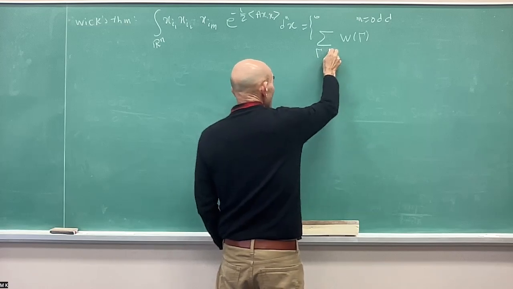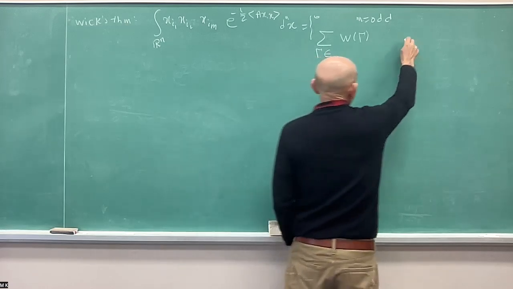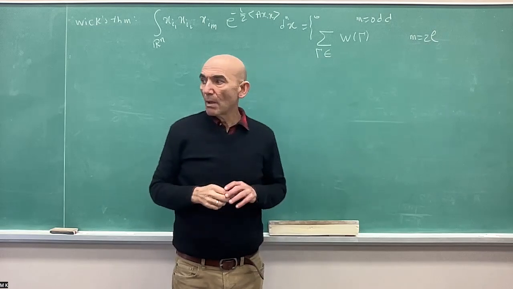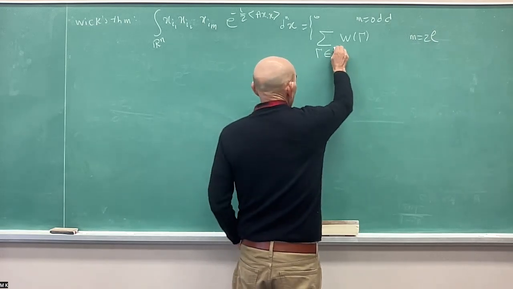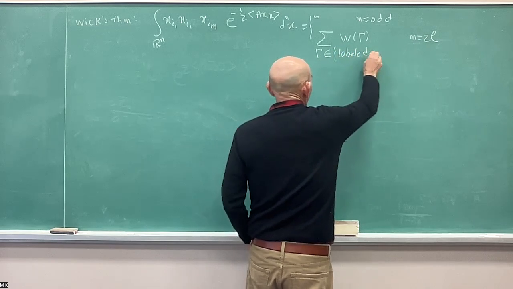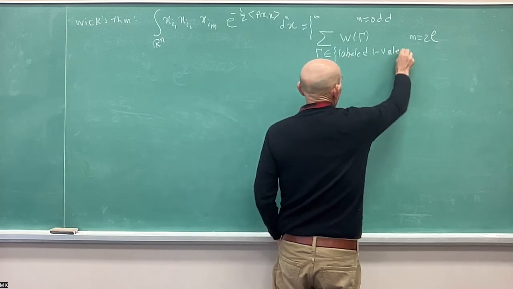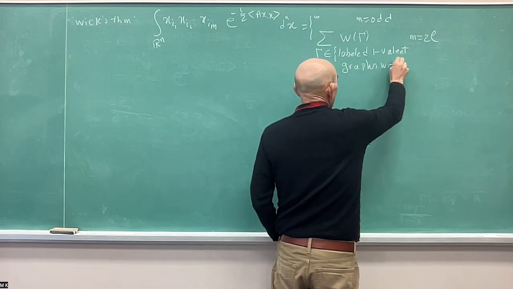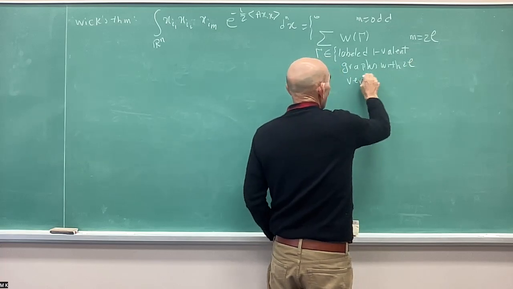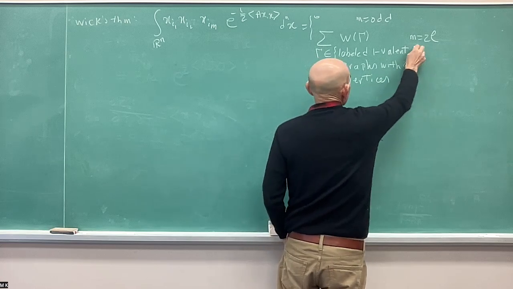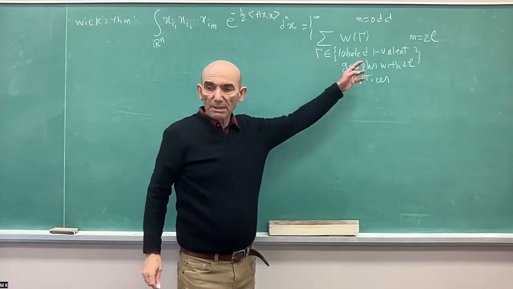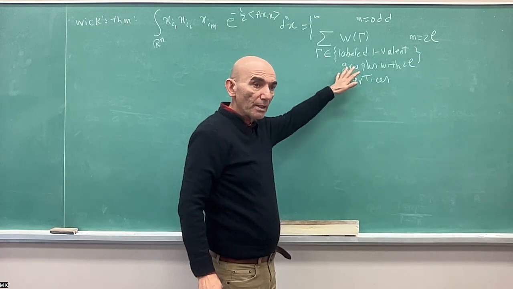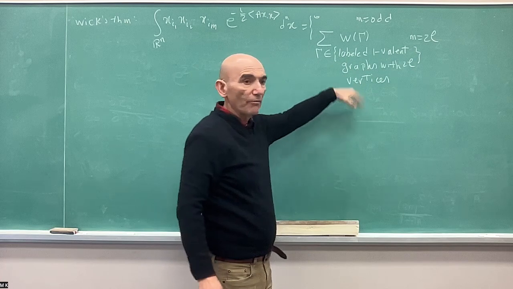If m is, for example, 2L, gamma belongs to the set of labeled one-valent graphs with 2L vertices. This is the set that we are summing over: certain one-valent graphs with 2L vertices.